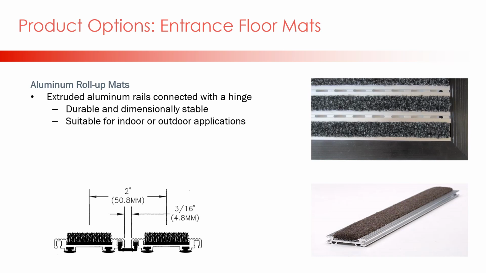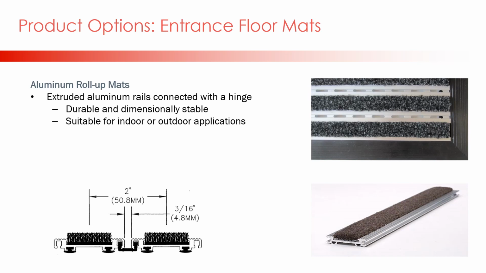The aluminum rail is perforated, allowing moisture and debris to drop between the rails. Because the depth is only 3/8 inch, there is not a lot of area to collect dirt and debris. You would want to use this in a low traffic area or one with frequent maintenance.